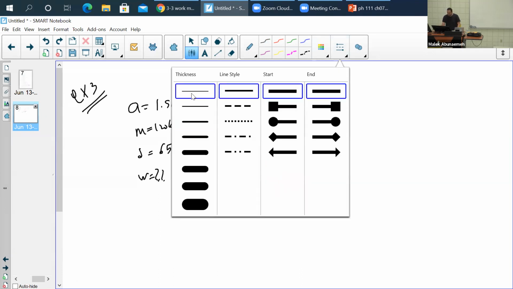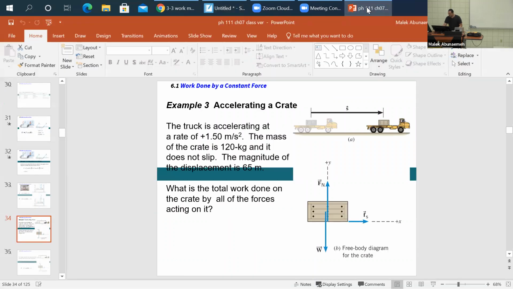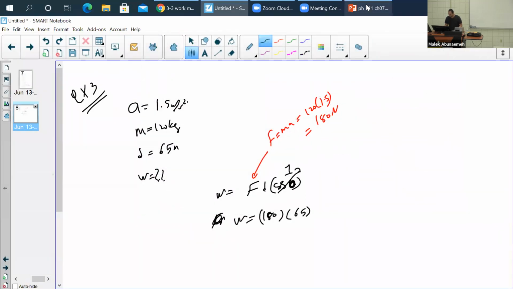That means in this case, our work is going to equal 180 newtons multiplied by your distance, which is your 65, multiplied by your cosine. I'm sorry, this is not 0, it's 90. It's not 90, it's 0. Again, you're going back and forth, so you're going in the 0 and 90. So this is going to equal 1.